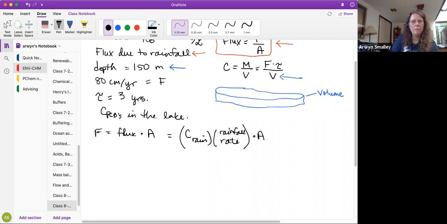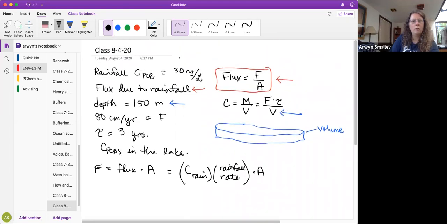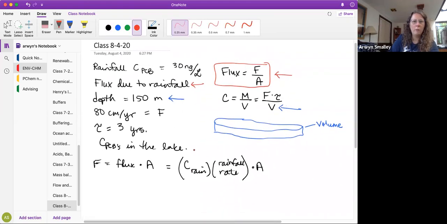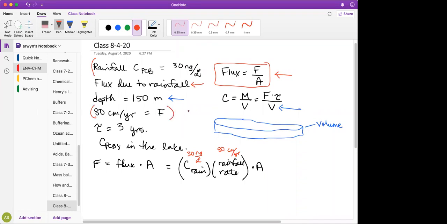of the lake. So the numbers that we had for these, if we were ready to plug them in, which we're not quite yet, are 30 nanograms per liter, and the rainfall rate is 80 centimeters per year. Can't we convert, because I converted the 80 centimeters a year into liters per year.